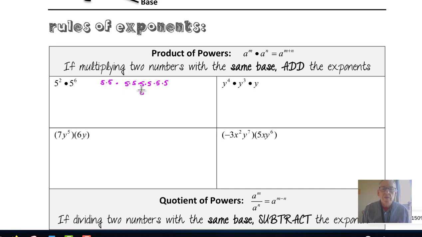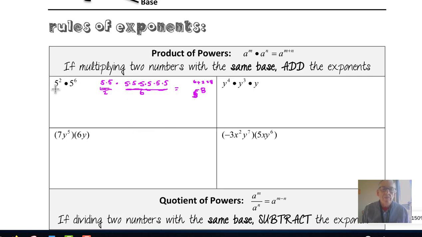So we've got 6 5s here, and we've got 2 5s here. And all together, if we're multiplying all these together, we can see that we have a total of 8 5s. There's 6 here, 2 more makes 8. 6 plus 2 makes 8. So 5 to the 8th is a shorthand way of talking about 5 multiplied by itself 8 times.